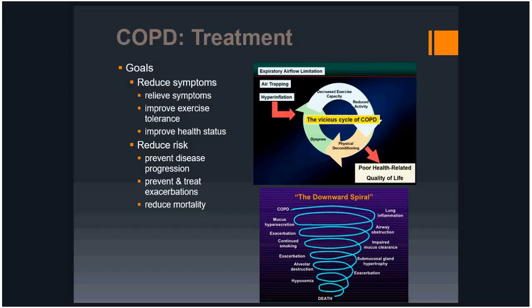These two pictures want you to take into consideration and recognize that COPD is a very vicious cycle. You have this cycle of hyperinflation, air trapping, and respiratory airflow limitation.